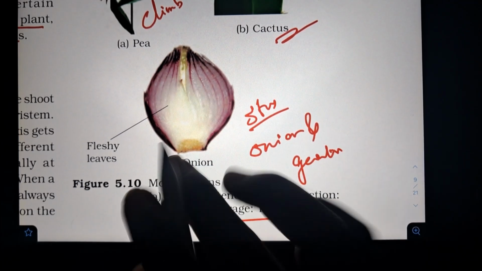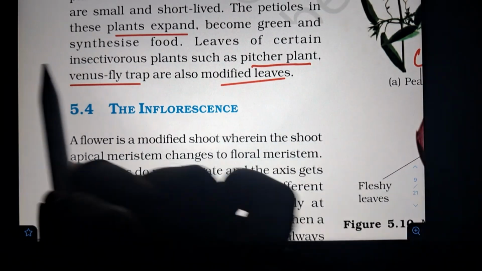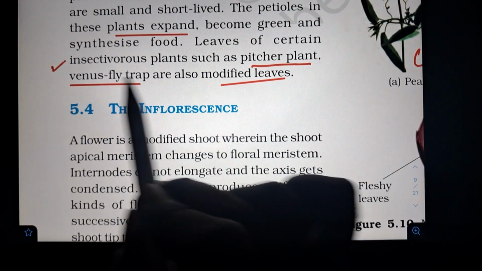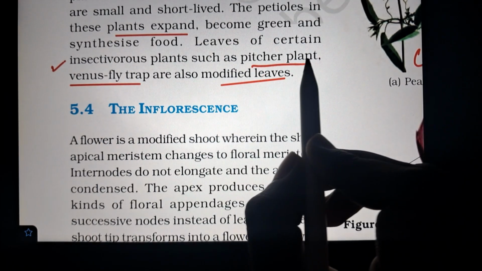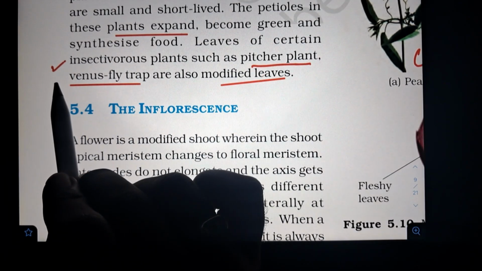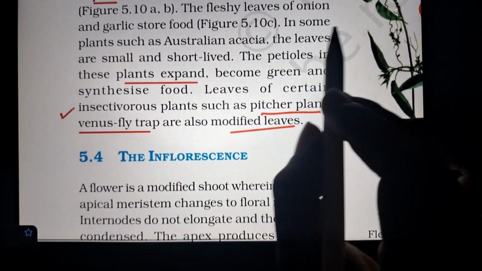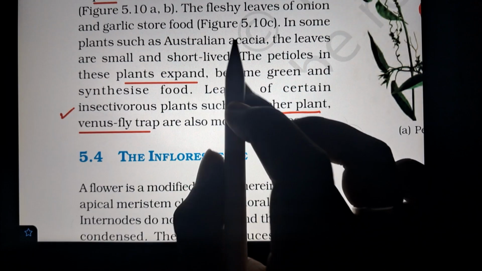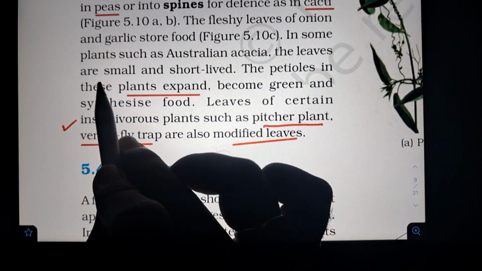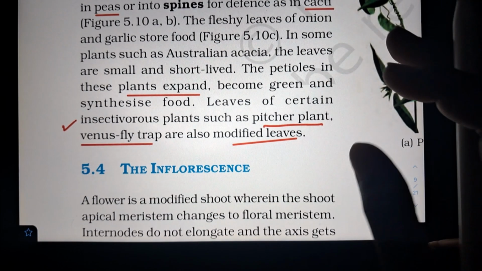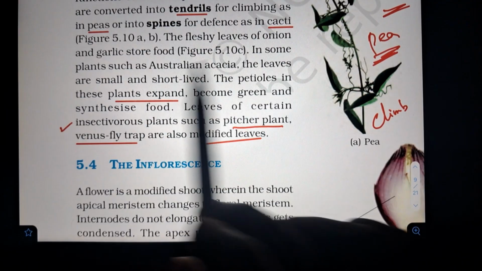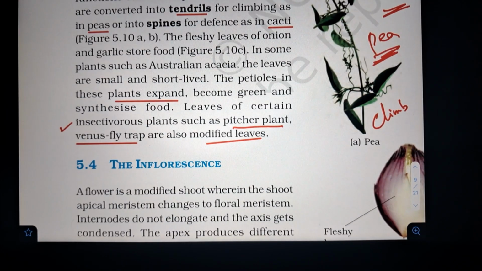Insectivorous plants such as pitcher plant and Venus flytrap also have modified leaves. And in some plants such as Australian acacia, the leaves are small and short-lived, and the petioles are expanded, become green and synthesize food.